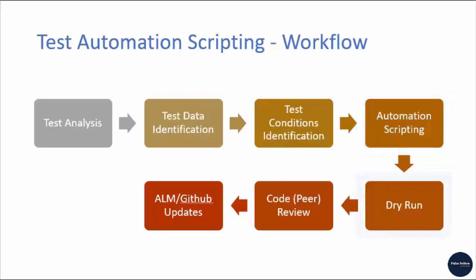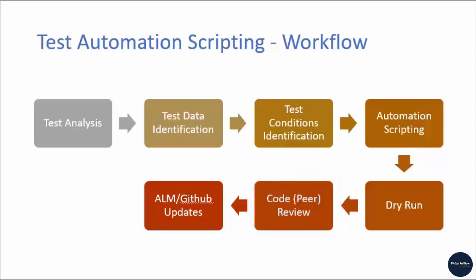Once the automation scripting is done for the given test cases, we conduct a dry run. In the dry run, we just make sure that the automation scripts which we have created are running smoothly without any error. After the dry run, as part of the process, we should also conduct a code review, usually done by a peer or colleague on the same project.